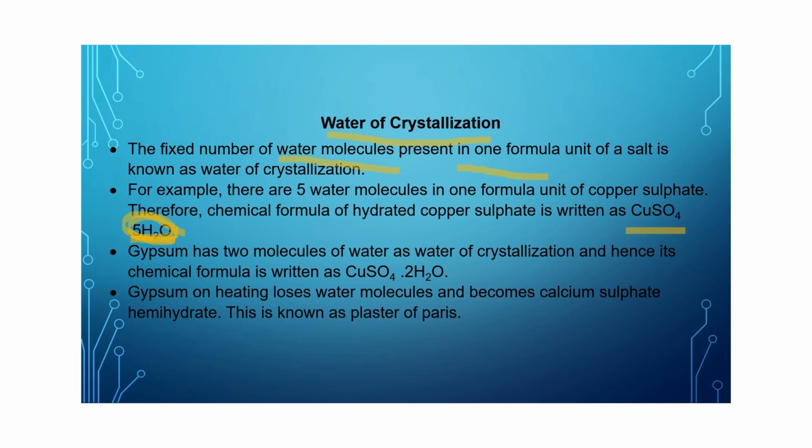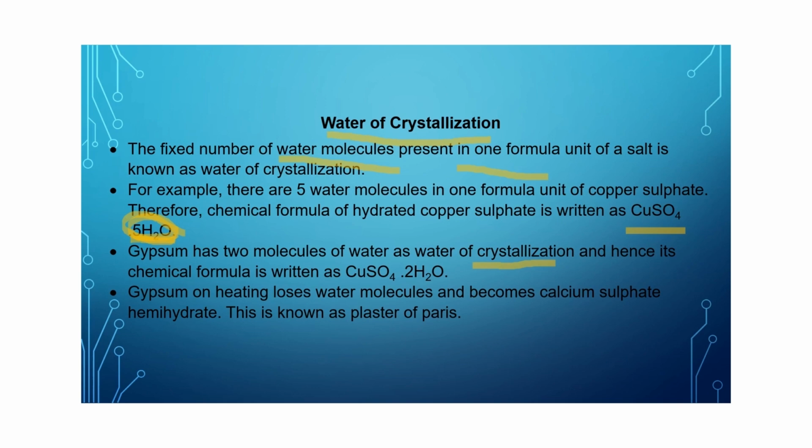Got it? Now, another example is gypsum, which has 2 water molecules as water of crystallization. The chemical formula is calcium sulfate dot 2 water molecules, CaSO4·2H2O. It is also known as dihydrate, calcium sulfate dihydrate.